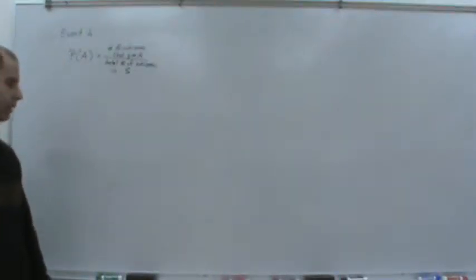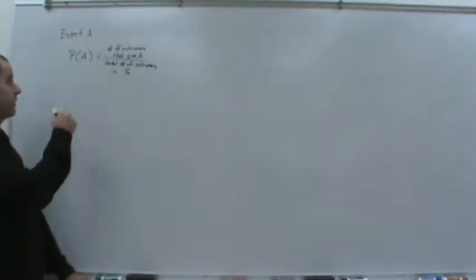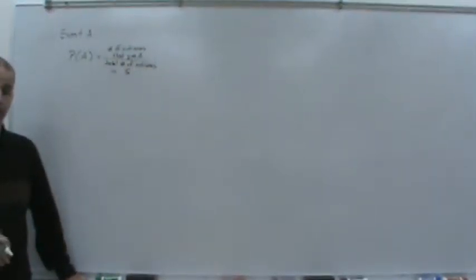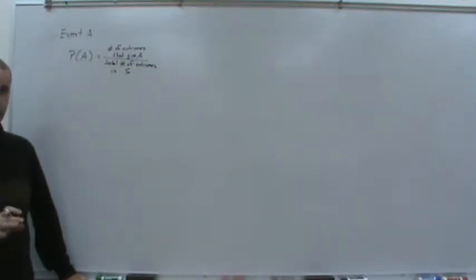And then we talked about, this is the theoretical, and we talked about the empirical definition of probability. And so I want to do some examples of how we could calculate those probabilities, okay?